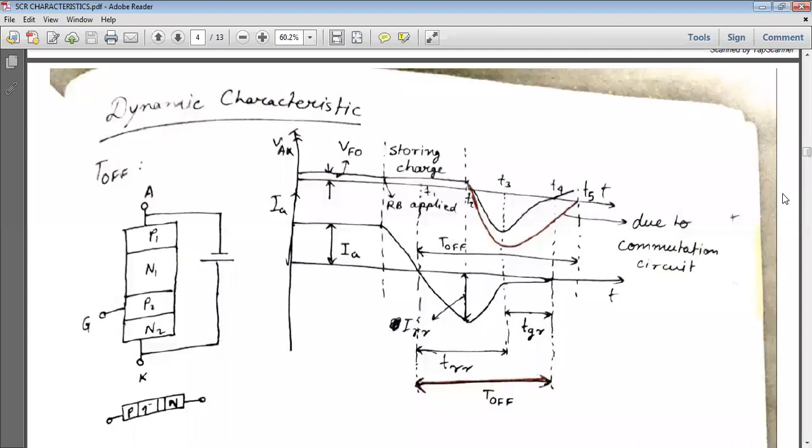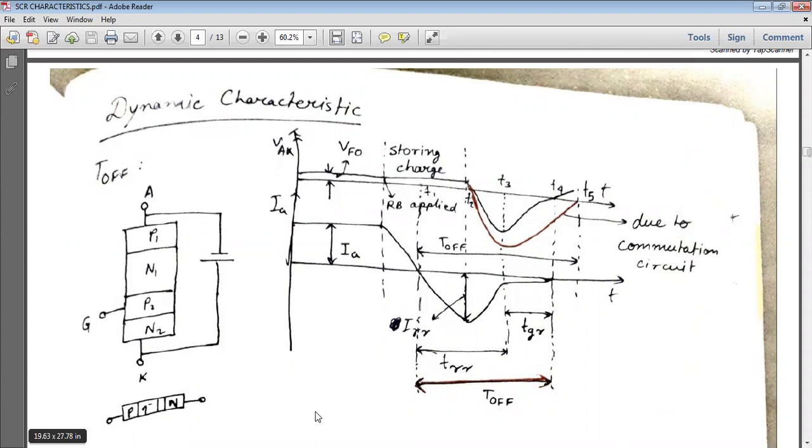So J2 is in forward blocking state. If there is any charge in J2, it will be removed, and at T4 already J1, J2, J3 are all forward biased, and if at that point forward biased supply is applied, then it comes to conduction immediately.